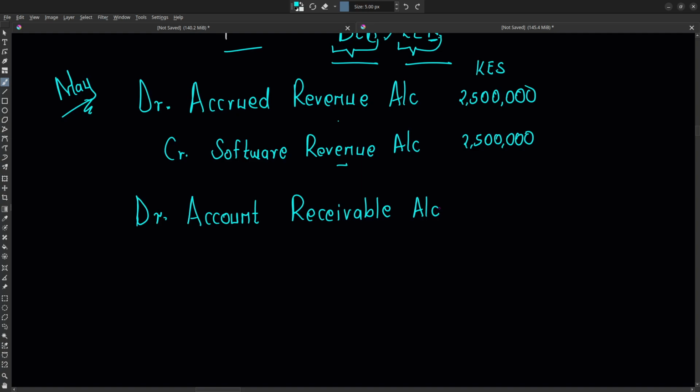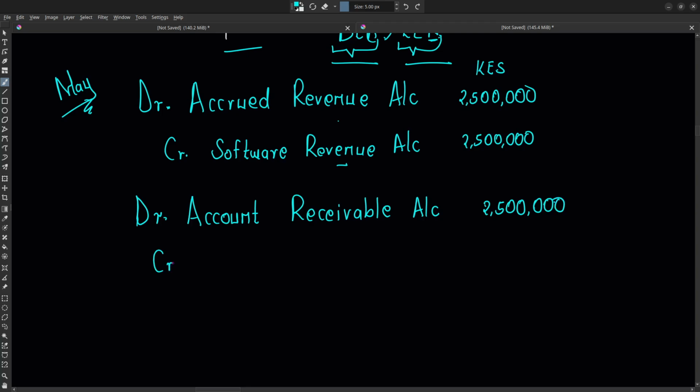It holds the payments that we are expecting from the client, because you've already billed them. To them it is a liability, to us it is an account receivable. In their books, they're going to record this as an account payable, because they're supposed to pay us. On our end, we record it as an account receivable, because we are expecting to receive the 2.5 million that we have invoiced.